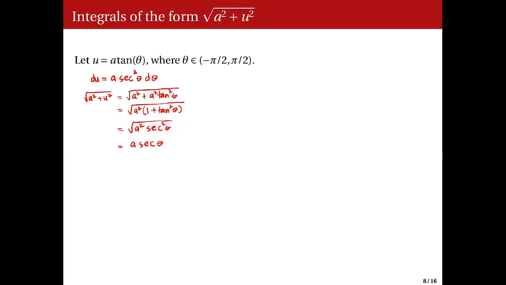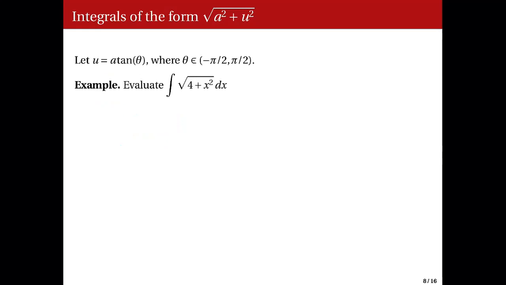Let's try this using this example. So we want to integrate square root of 4 plus x squared dx. So in here, we have a equals 2. So we can let x equals 2 tangent theta.